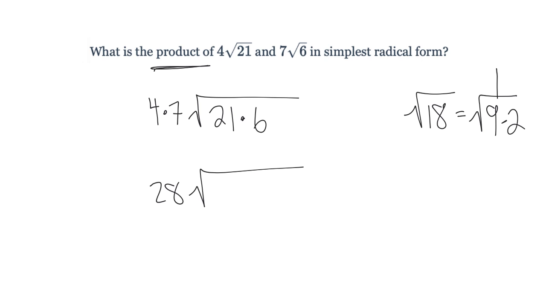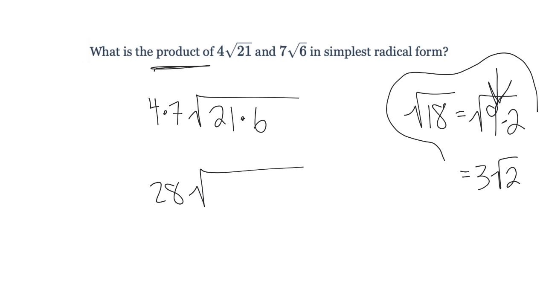And 9 is a hidden square because 3 times 3 is 9. So we can pull out the 9 and move it to the outside. And when we move it to the outside, we're taking the square root of it, so it's going to become a 3. And then the square root of 2 is the leftover part.